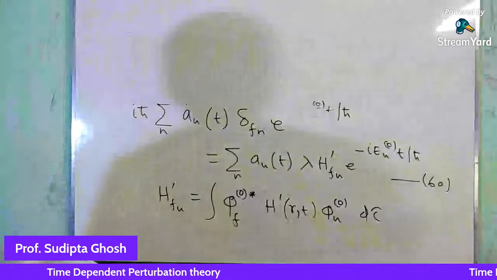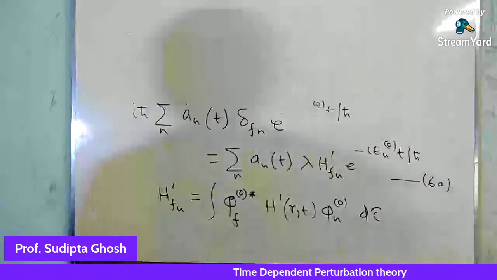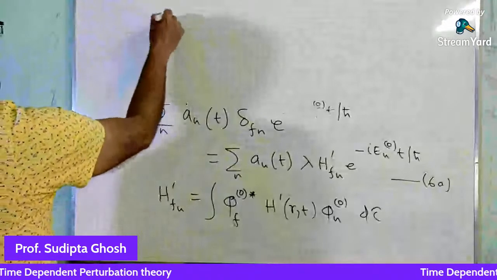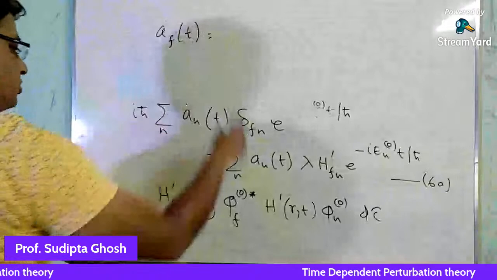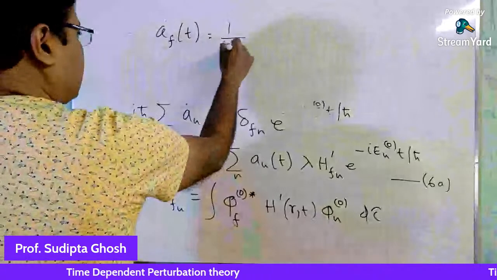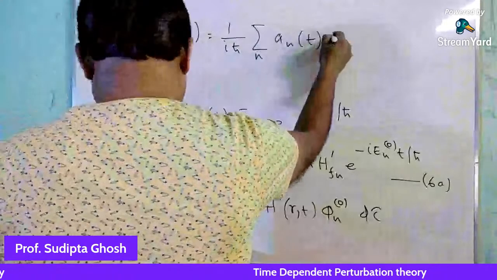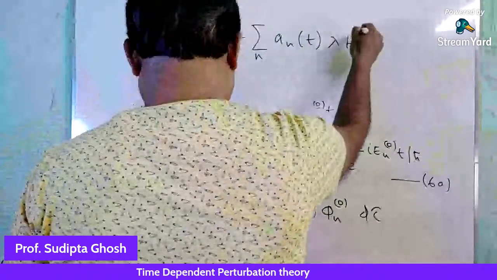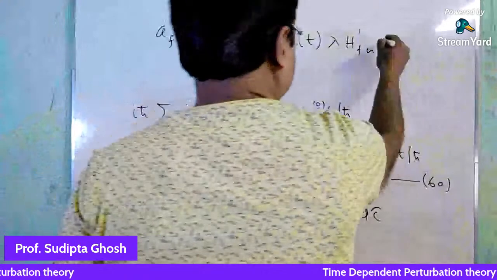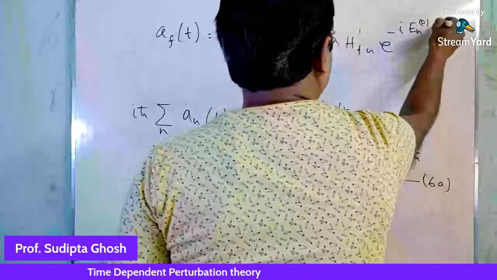So by using this definition of Kronecker delta for f equals to n, we can find the value of a f dot t from equation 6a, and it will be a f dot t equals to 1 by ih cut summation of n a n t lambda h prime fn, e to the power minus i en0 t by h cut.